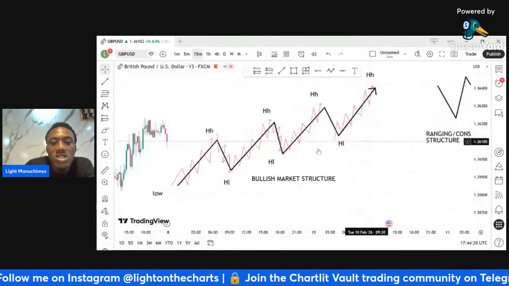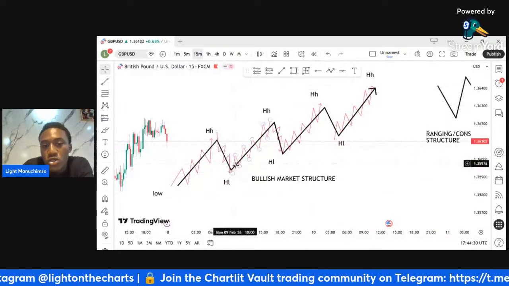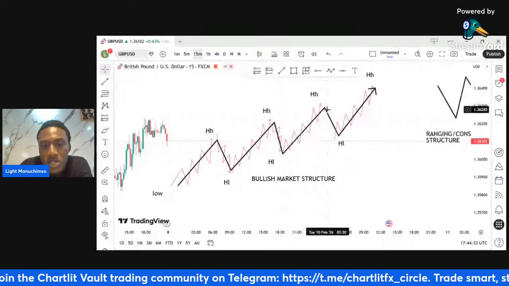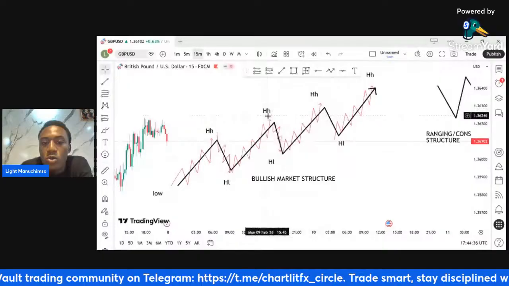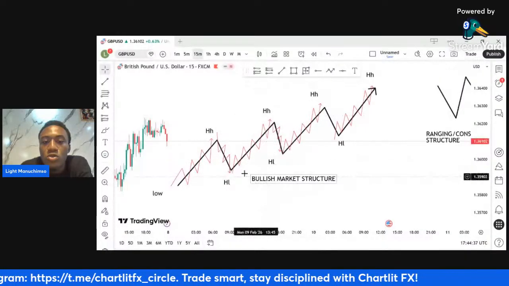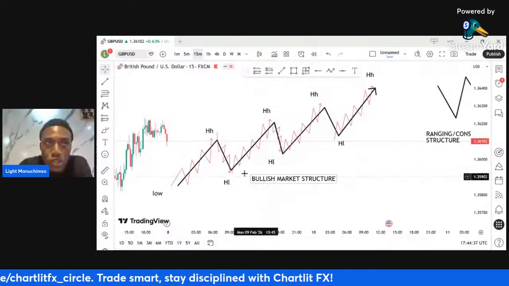So currently you can see it's uptrending, gives an impulse, drops, like that, creating new highs higher than the previous highs it created, and a higher low. So that is it for bullish market structure.